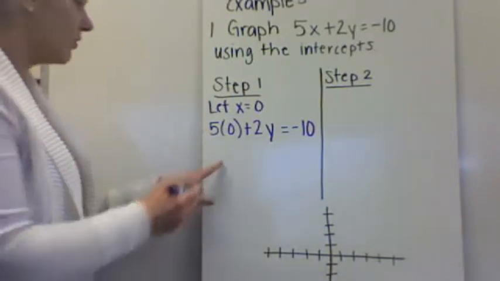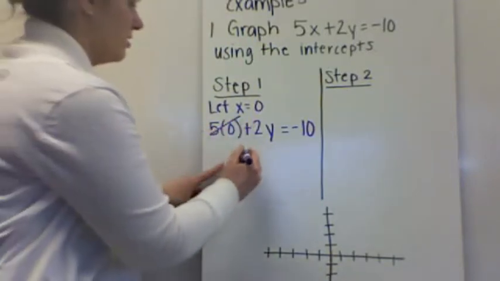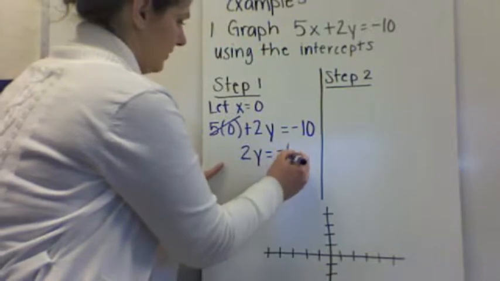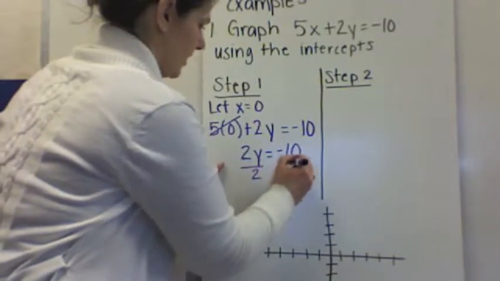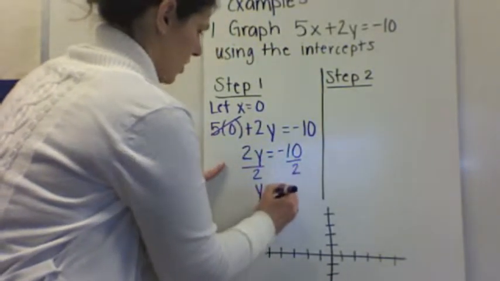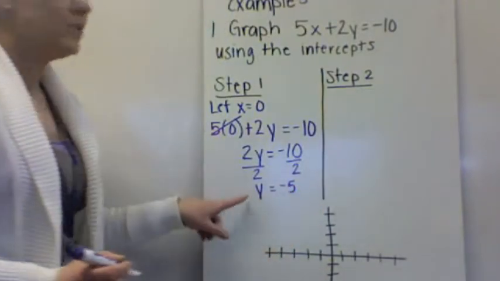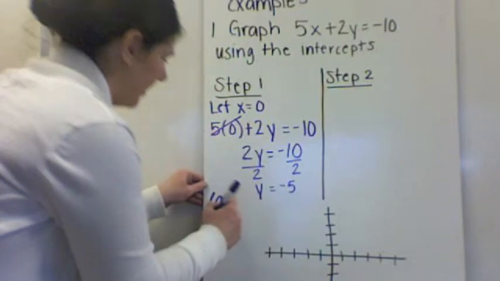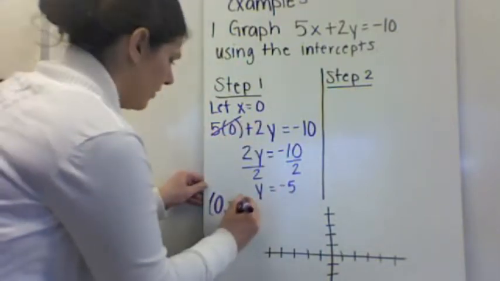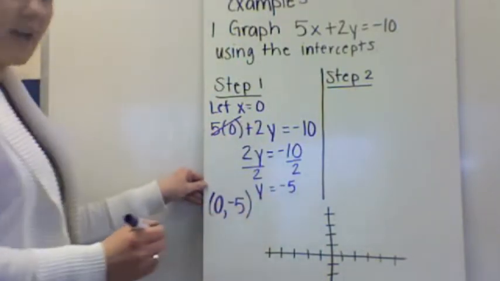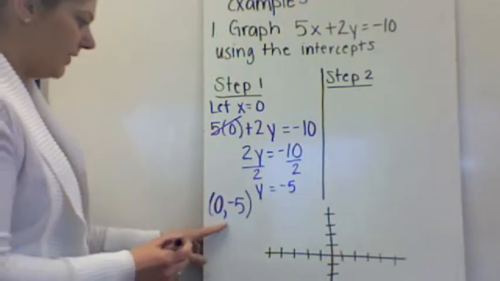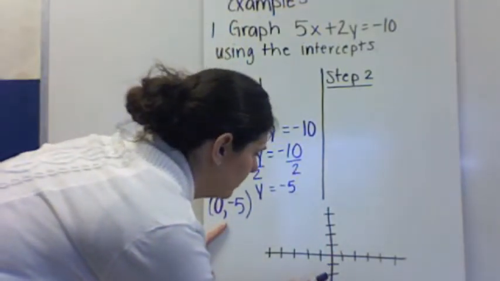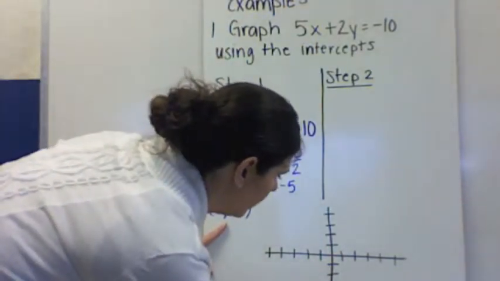Like we talked about before, 5 times 0, that part's gone. 2y equals negative 10. Divide both sides by 2. Y equals negative 5. Remember, that gives us an ordered pair. We plugged in 0 for x up here. We knew that y was negative 5. You can even go right ahead and plot that point, (0, -5), 1, 2, 3, 4, 5.